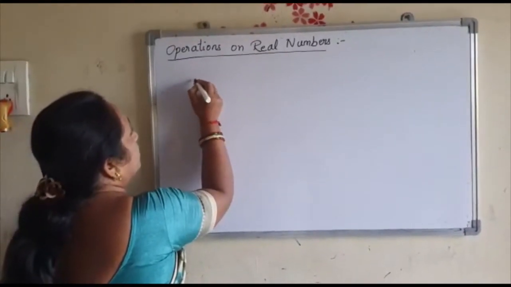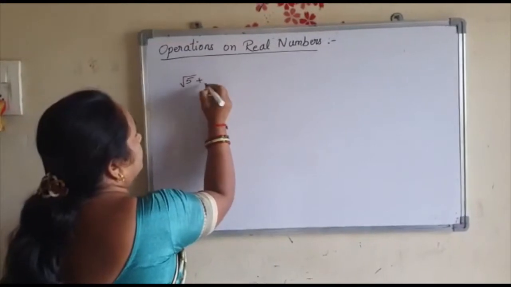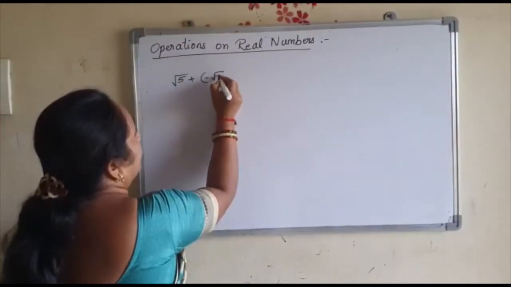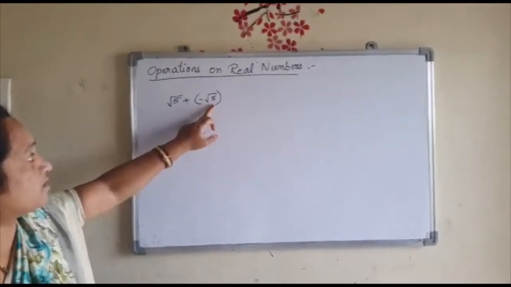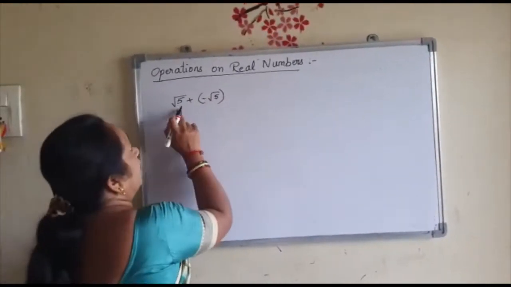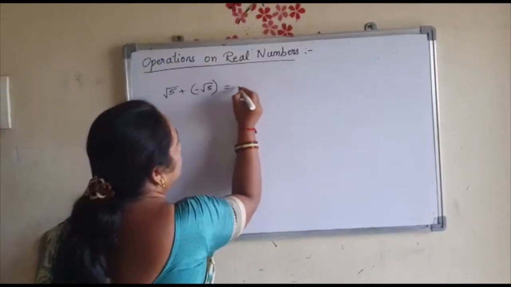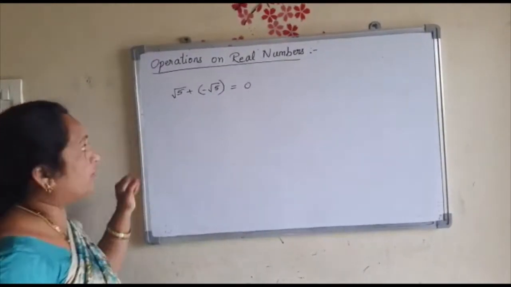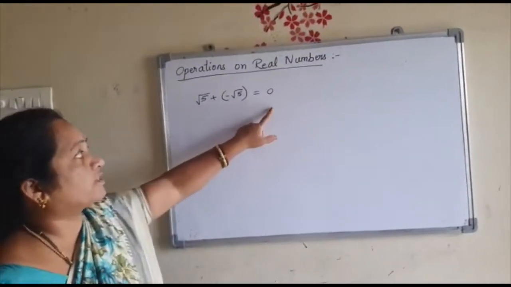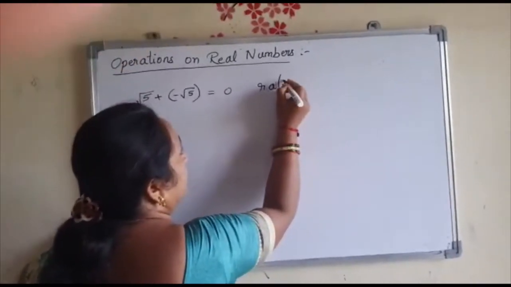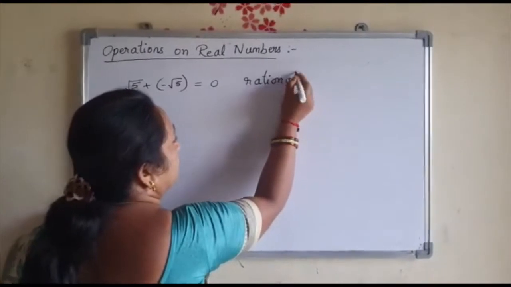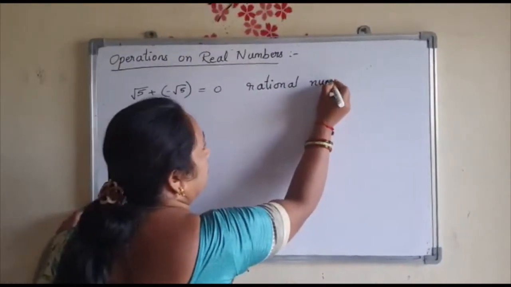Suppose let us take root 5 plus minus root 5. Here this is a real number and this is a real number, and if you add these two you will get 0. Root 5 plus minus root 5 is equal to 0 and it is a rational number. It is a real number as well as a rational number.